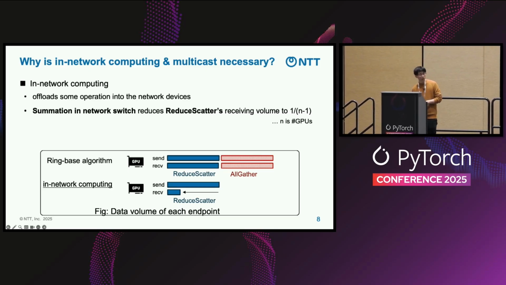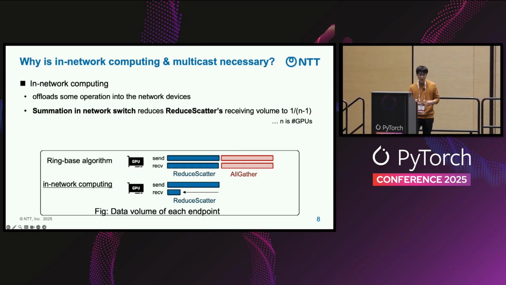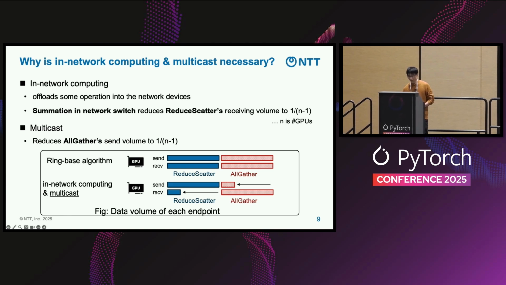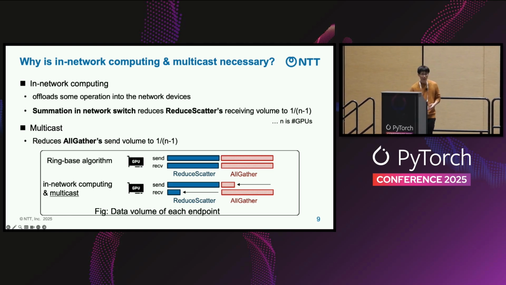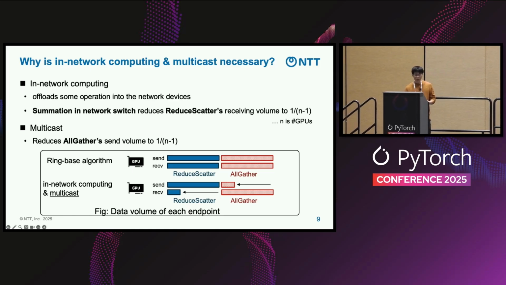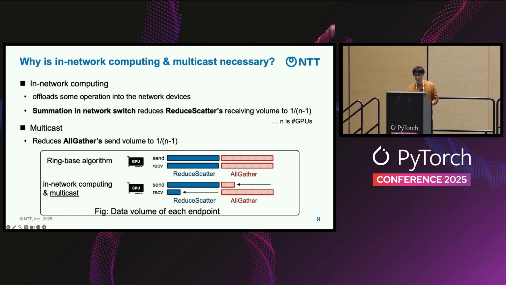This figure becomes half when the number of GPUs is large enough. Similarly, multicast on a network device can also reduce the all-gather send data volume by 1/(n-1).